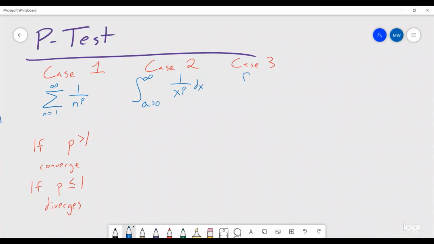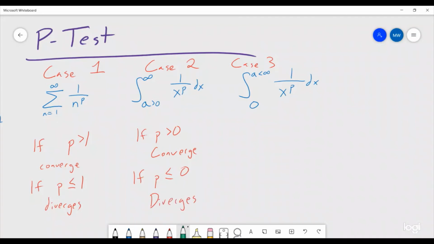And case 3 is the integral from 0 to some constant, which is not infinity, of 1 over x to the p dx. In the first one, if p is bigger than 1, then this is going to converge. But if p is less than or equal to 1, it diverges.